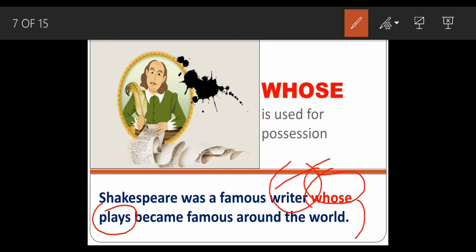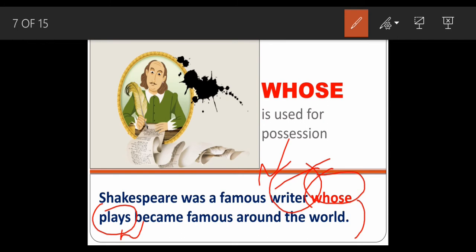Now whose is used in a different way. So we use whose between two nouns. Now look at this example. Writer is a noun. Plays is a noun. So we use whose between two nouns. A famous writer whose plays.